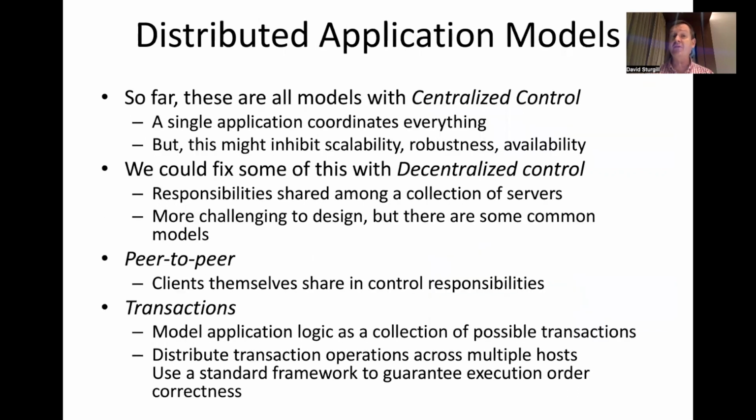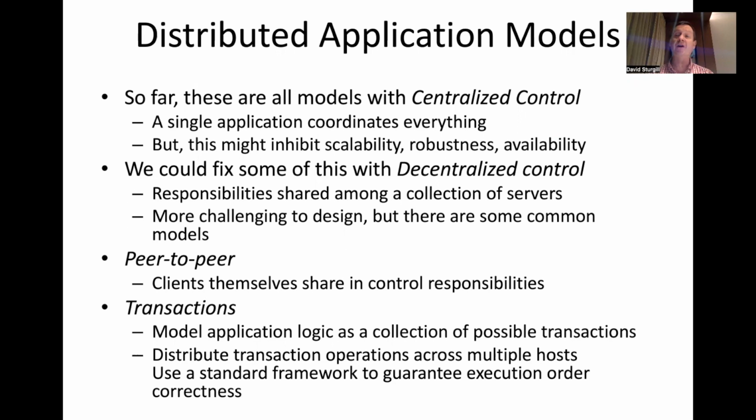All of these are mechanisms to try to reduce the load on centralized resources. However you do that, having one or a small number of centralized servers is going to limit the scalability of your applications. There are other approaches to designing distributed applications that try to reduce the load on a central resource. The peer-to-peer approach tries to spread responsibility for what the server might normally do among the clients instead.